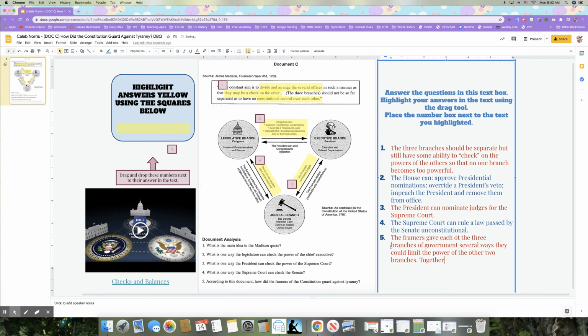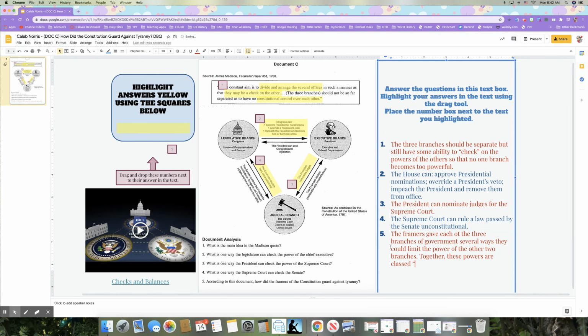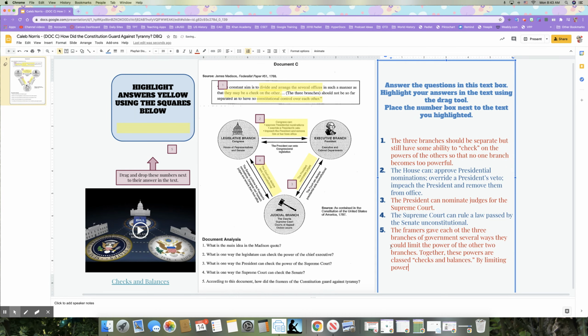Together, these powers are called checks and balances. By limiting power, so by making sure that not everybody has all the power, it's separated, but they're still held accountable by the other offices.